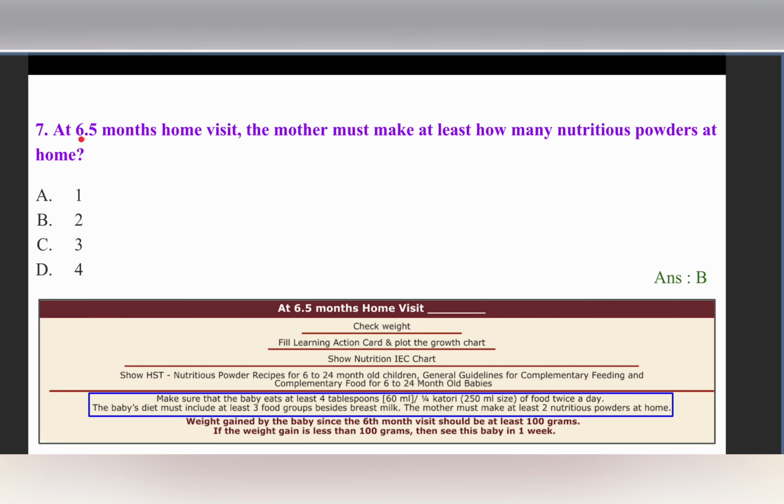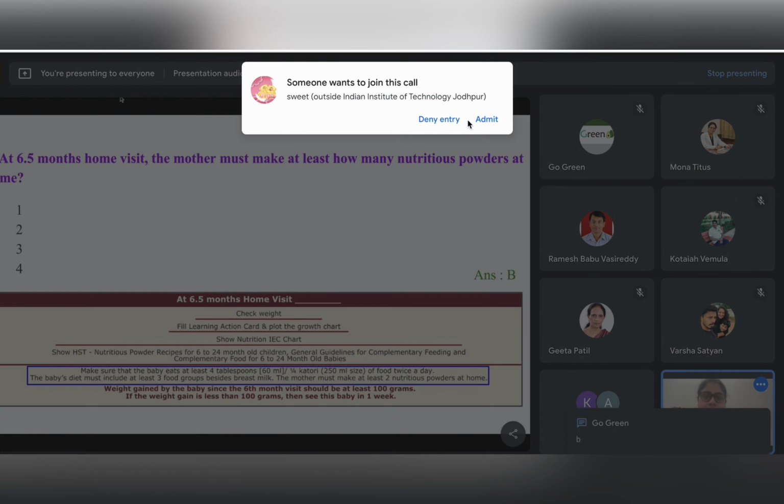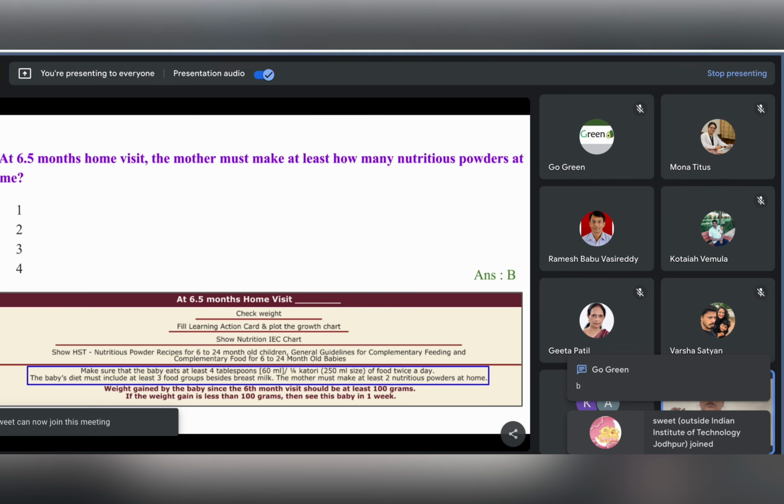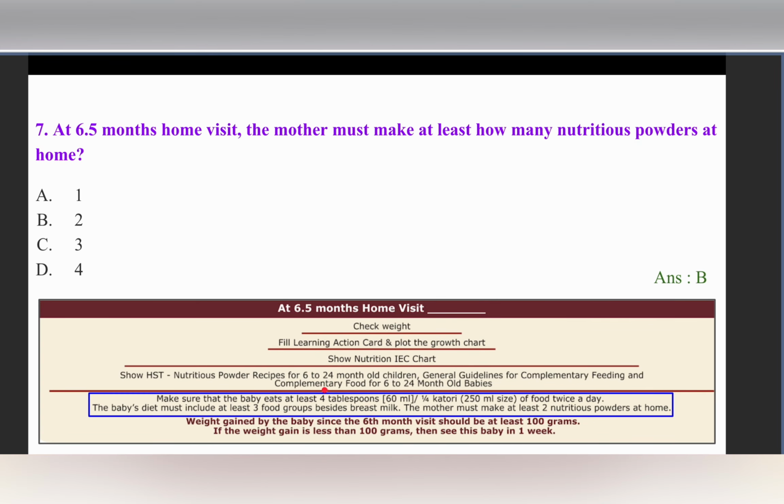At 6.5 months, the baby eats at least 4 tablespoons of food twice a day. 4 tablespoons is around 60 ml of food twice a day. And the baby's diet must include at least 3 food groups besides breast milk.